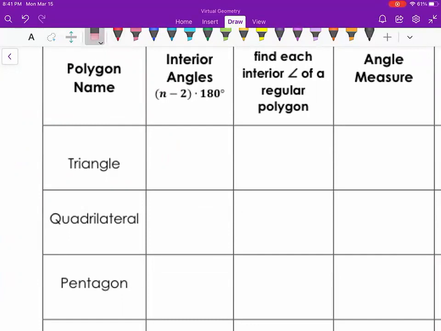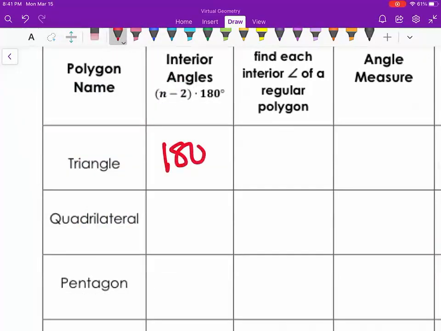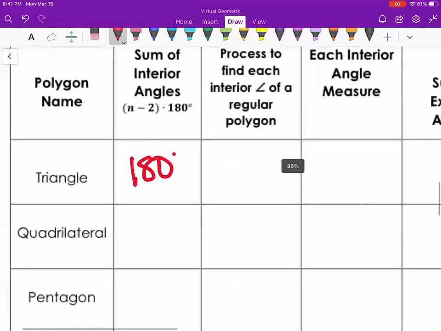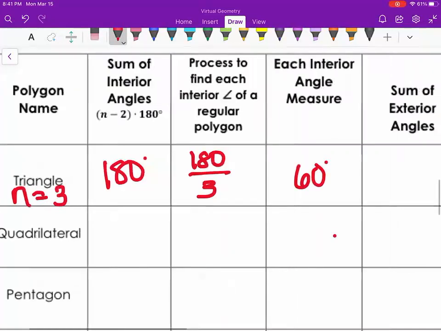That's a given. We looked at that first semester. To find each interior angle of the regular polygon, we take that 180, and my n is 3 because it's a triangle. So 180 divided by 3 means each interior angle of a regular triangle is 60 degrees.